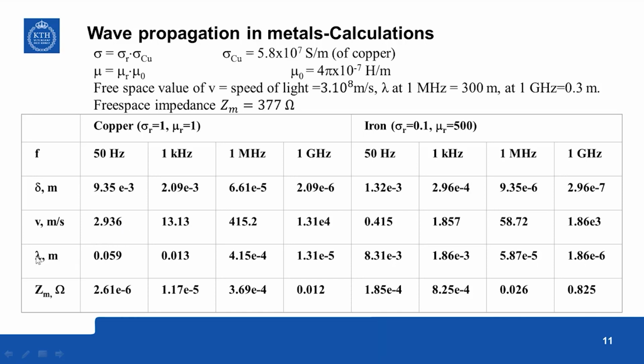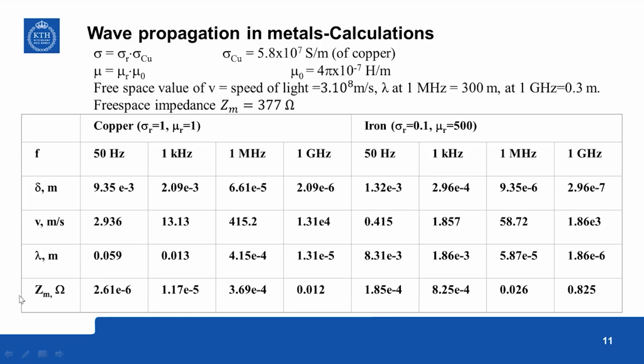And what about lambda? Lambda is 0.059 meters only. In free space, what will be lambda at 50 hertz? It will be several thousands of kilometers. So several thousands of kilometers versus a fraction of a meter, that is 5.9 centimeter wavelength in metal, that is in copper.